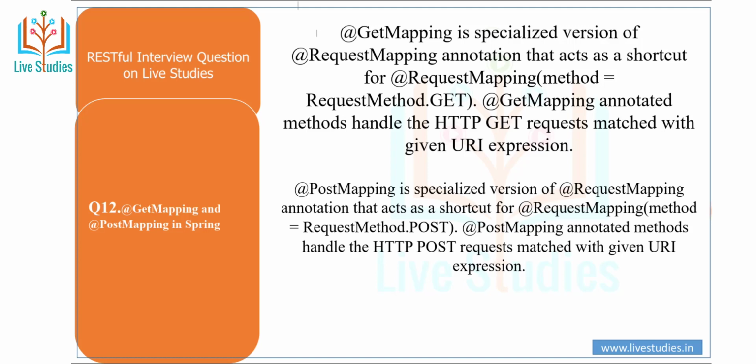For example, to post a member, @PostMapping with path equal to "/member" and consumes equal to "application/json" and produces equal to "application/json". You can use public void addMember with @RequestBody Member, and then write the rest of the code.